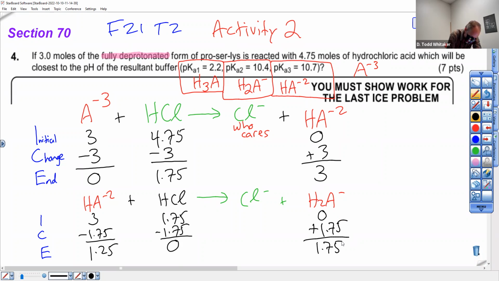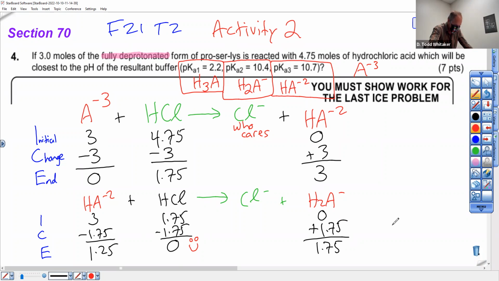Here are the two species. Here you have a happy face. Why am I happy now? I'm done with the math because my strong acid's gone. I only reacted 1.75 HCl with 1.75 HA minus 2.